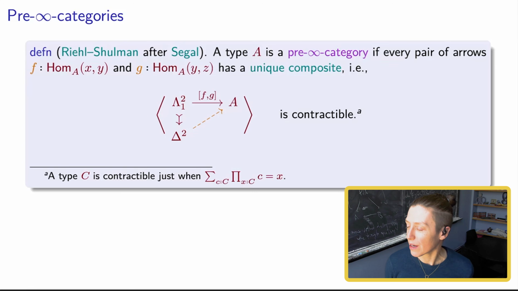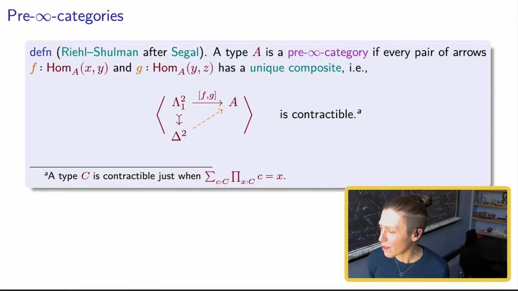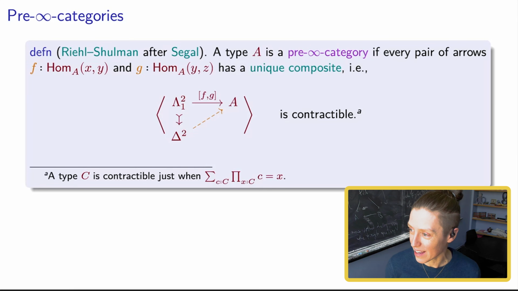But remember, the way that we say something of a type has a unique term in homotopy type theory is to say that that type is contractible. And so what feels like I'm saying that something exists uniquely is really, in the homotopy interpretation, asserting that the moduli space of all composites of F and G in A is a contractible space.